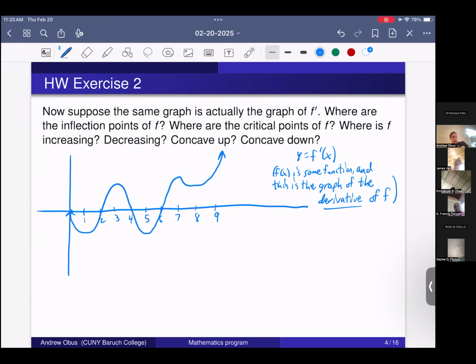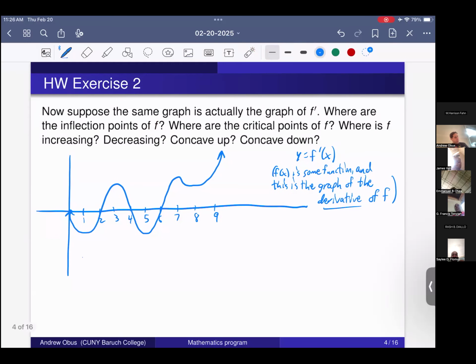Okay? And so now it looks like we have 6 different questions here. But let's just look at the first one. We want to know, where are the inflection points of f? So remember, by the definition of inflection point, it's where f goes from concave up to concave down, or where it goes from concave down to concave up.